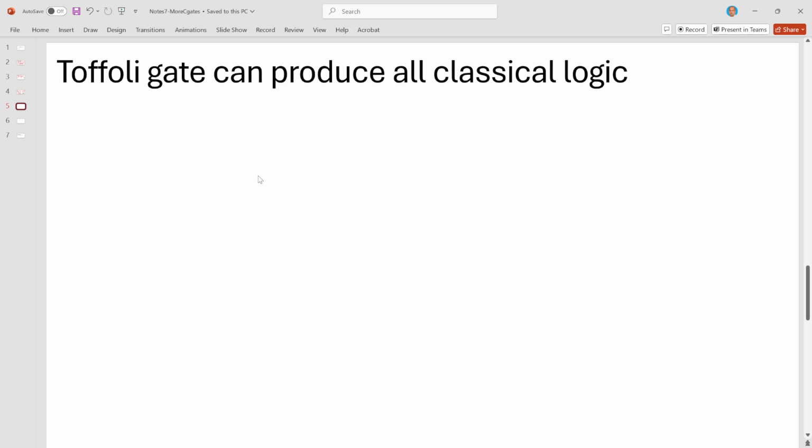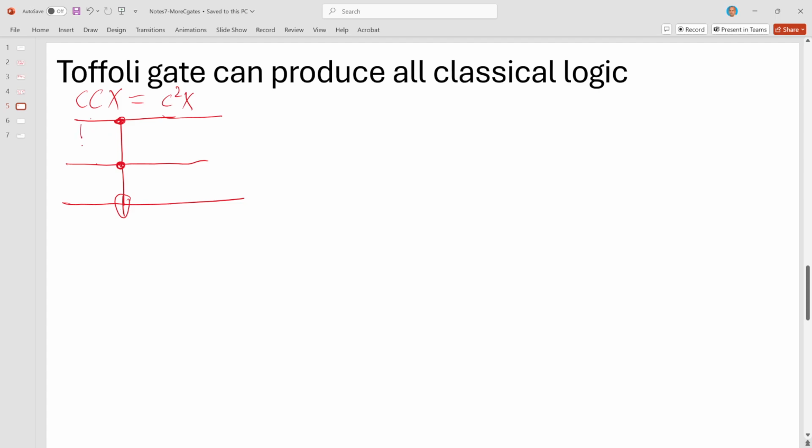This Toffoli gate has this symbol: dot, dot, X. It is actually sometimes also called CCX or C squared X, as there are two controlling qubits and then an X gate. And its logic is just that, its name.